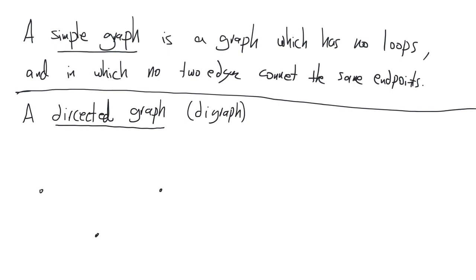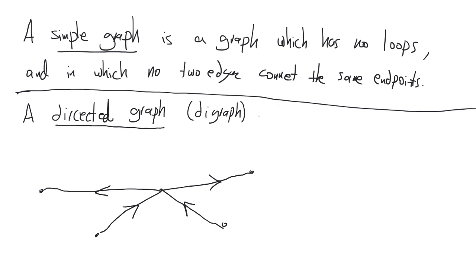So let me draw an example. So we have some graph. Now we can put some direction on each edge, and the result is called a directed graph. So I don't write the definition, but it's clear.